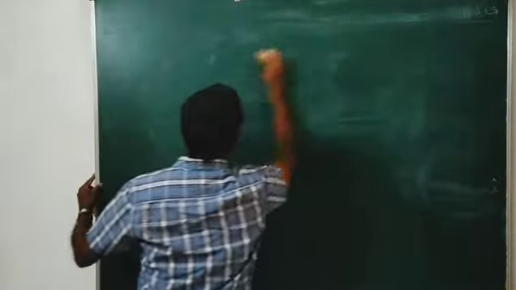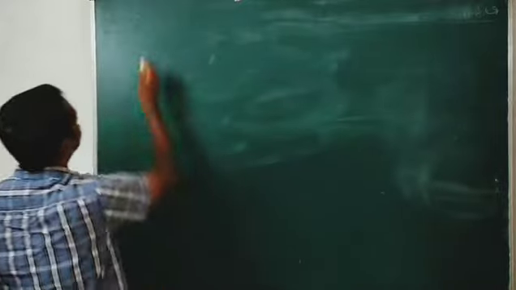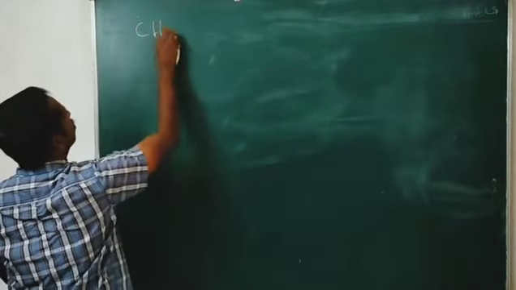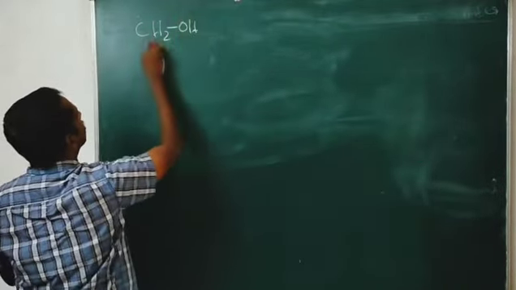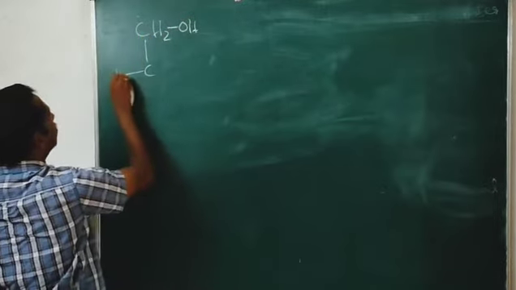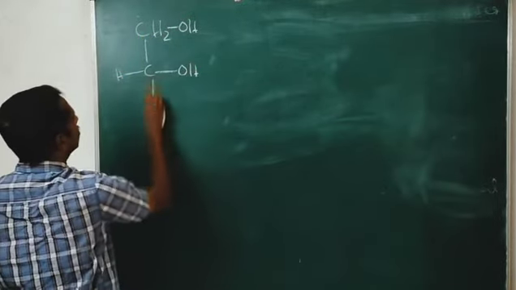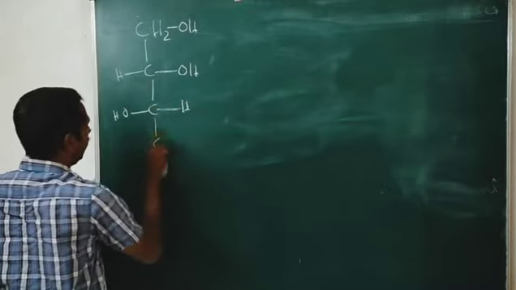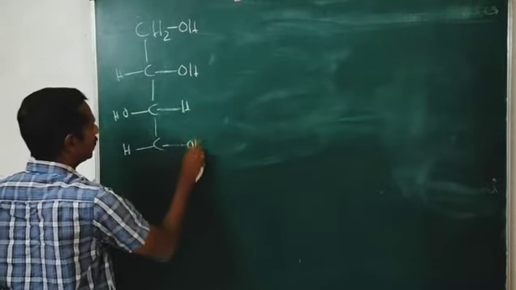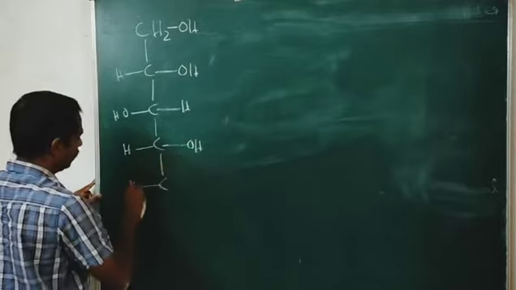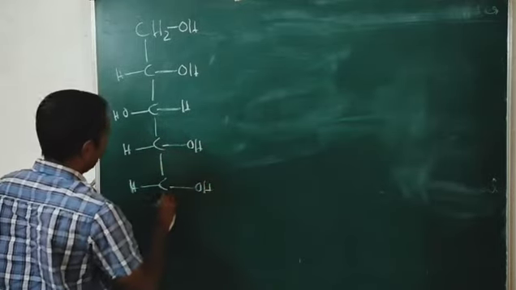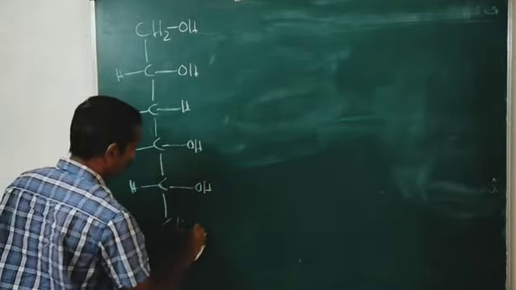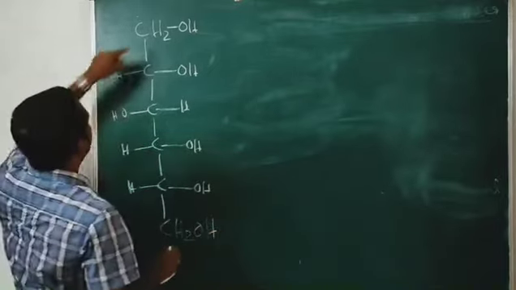Let us take glucose. That means CH2OH, CHOH, COH H, CHOH, CHOH, and CH2OH.